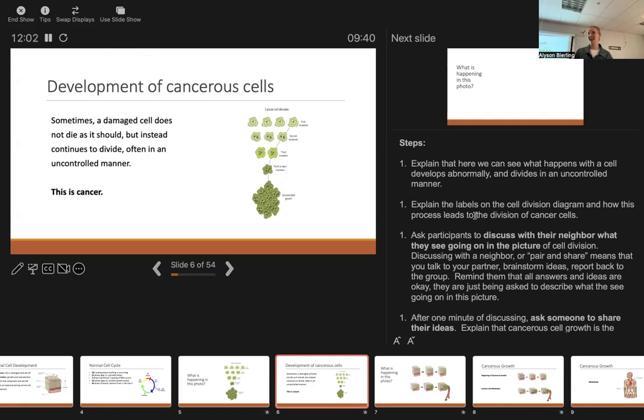And there are so many types of cancer, as we'll discuss over the next few days, but this is what's happening in all of those different types of cancer, okay? This abnormal, uncontrolled growth of cells. Any questions about this? Yes.